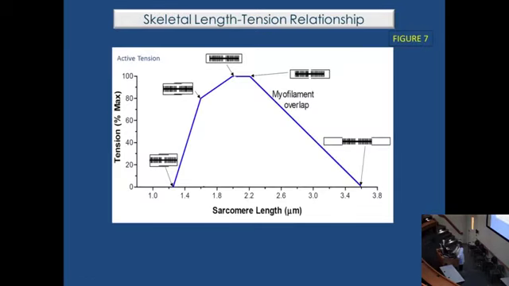Okay, so here also you remember this curve. We discussed this in the skeletal muscle lecture. So here we have the skeletal length-tension relationship. We said that the active tension was a bell shape, right? And why is it a bell shape?